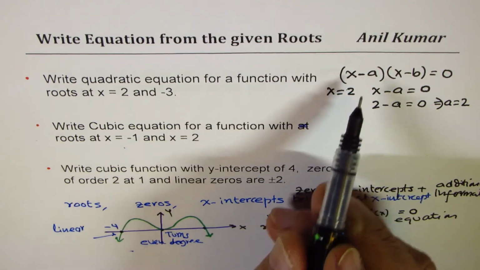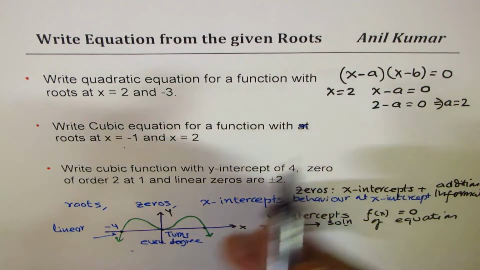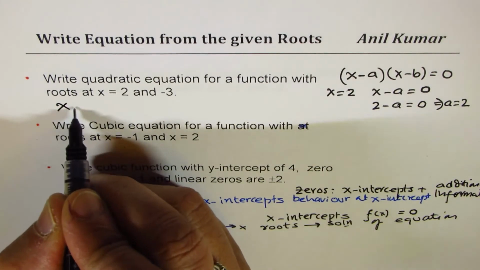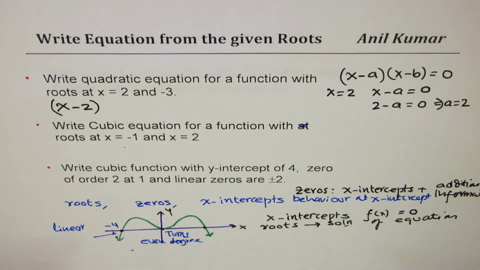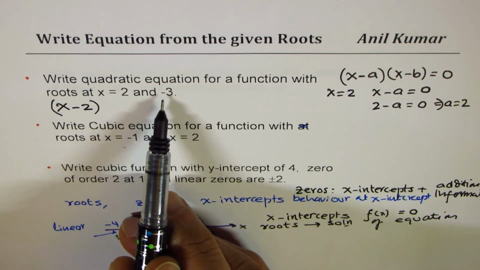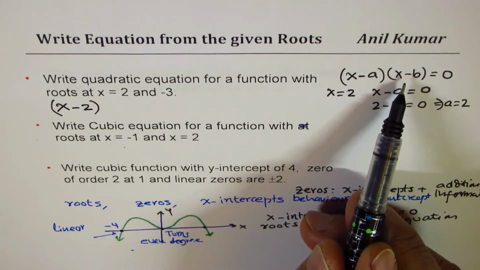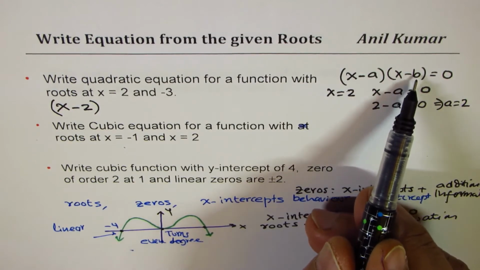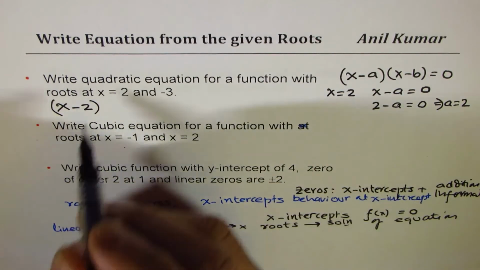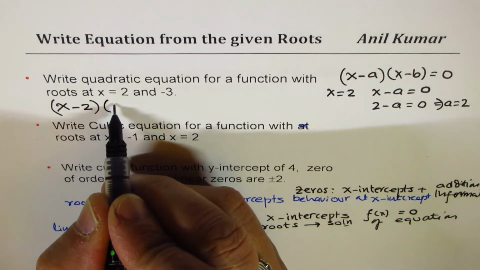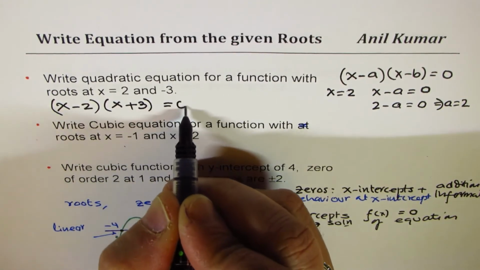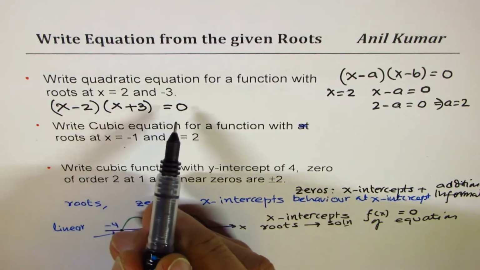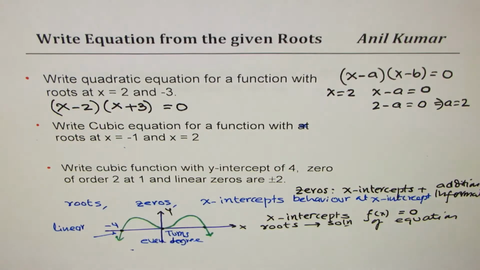So it results in a factor in this equation of the form x minus 2. Similarly, for minus 3, the other factor will be 0 only if b is plus 3. So we get the other factor, which is x plus 3. Equating that to 0 gives us an equation in factored form.